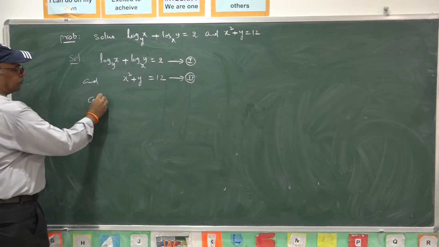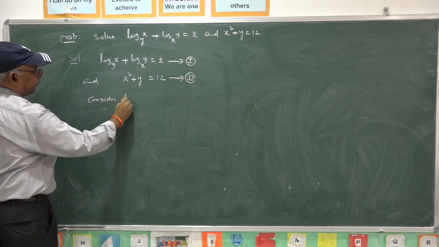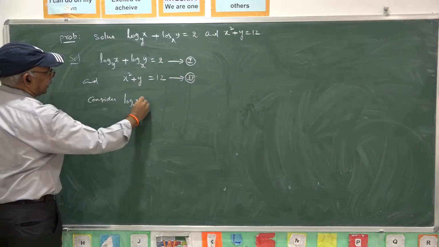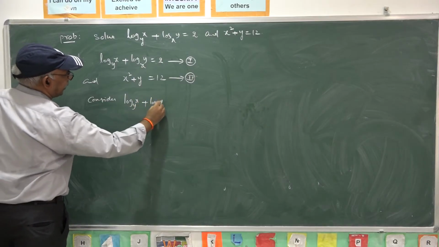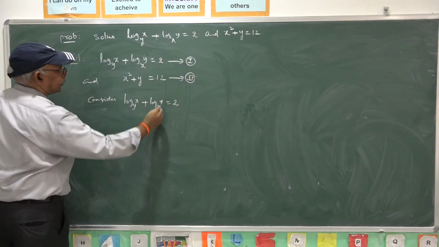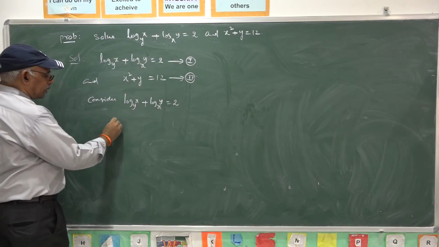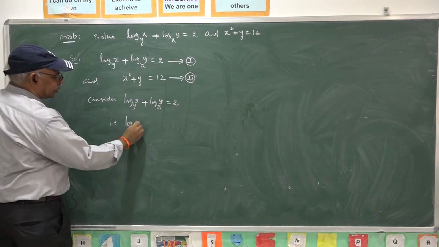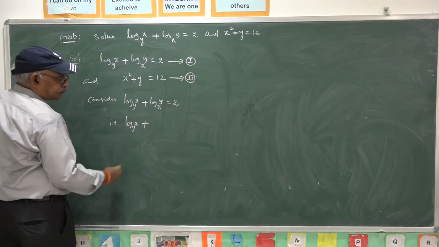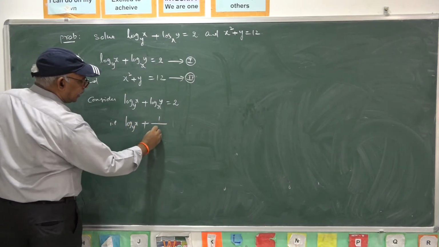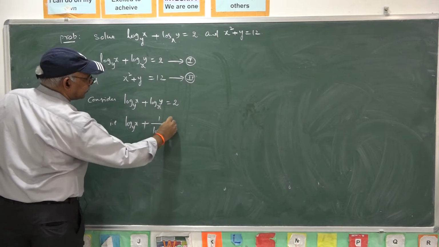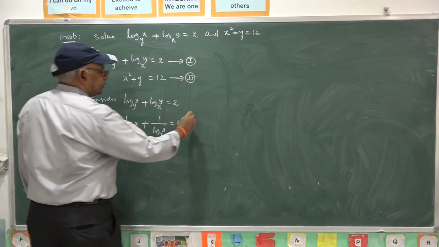Now consider 1: log x to the base y plus log y to the base x equal to 2. That may be written as log x to the base y plus 1 by log x to the base y equal to 2.